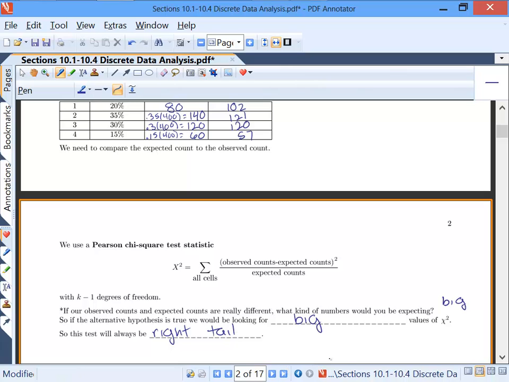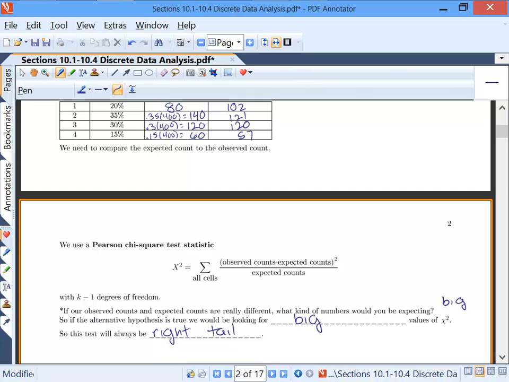Why do you think we bother dividing by the expected counts? Subtracting the observed and the expected makes sense. Squaring it makes sense, so you don't just have the positives and negatives cancel each other out. Why do we have to divide by expected counts? Just to normalize it, to put it between 0 and 1.